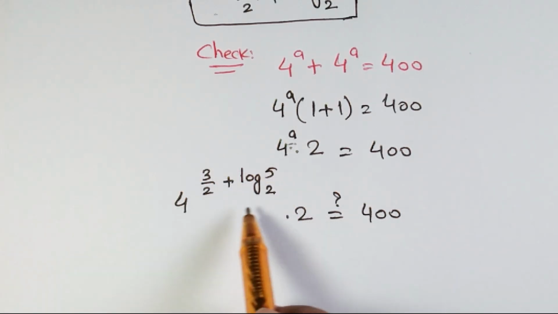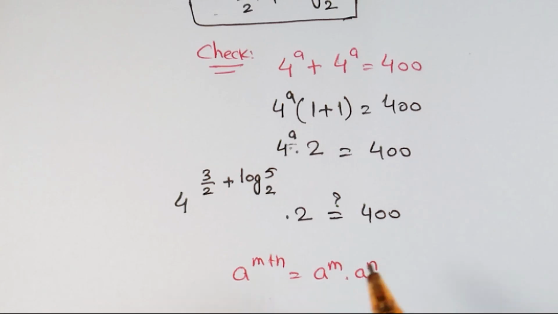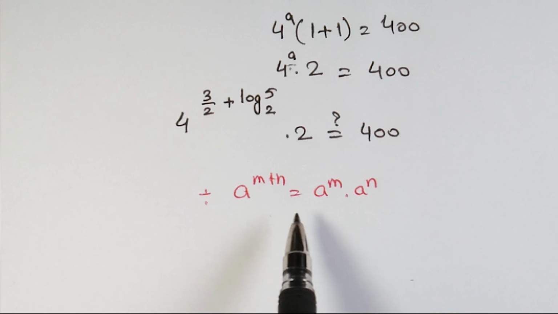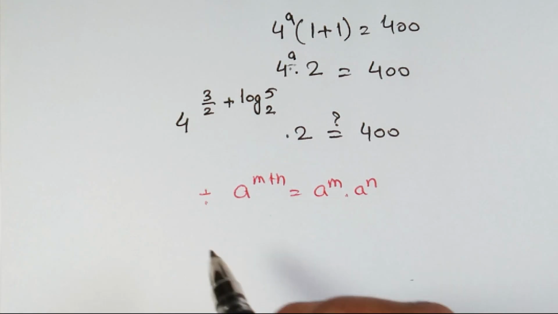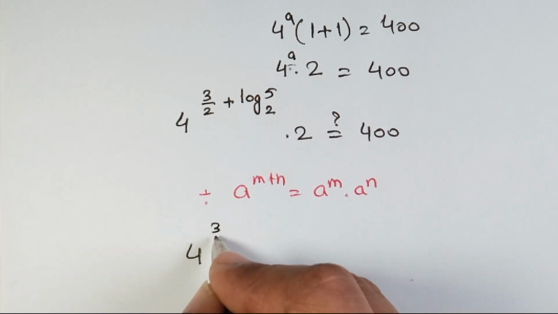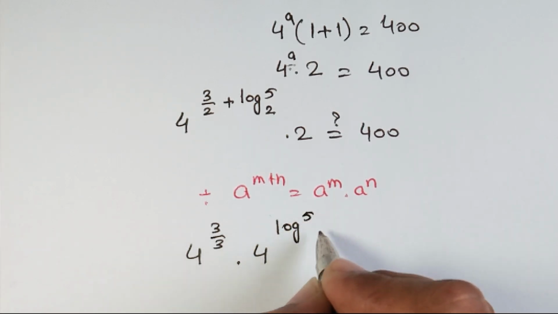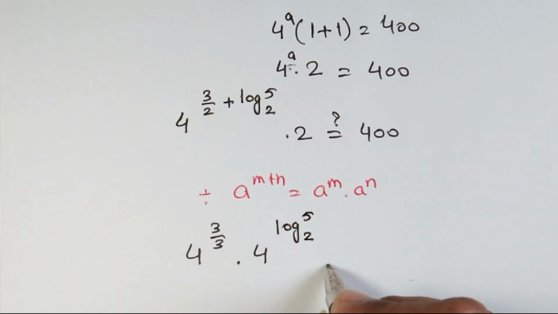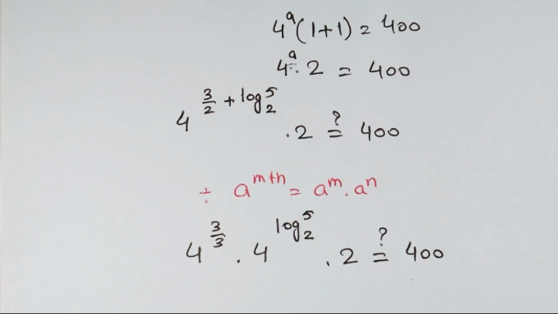So this part of the expression is in the form of a raised to power m plus n is equal to a raised to power m into a raised to power n. So we will apply this rule on this part of the expression, and we have 4 power of 3 over 2 into 4 power of log of 5 base 2, into 2 is equal to 400.